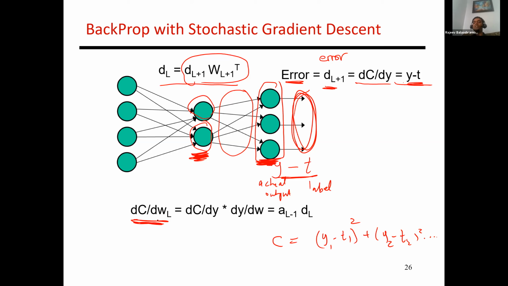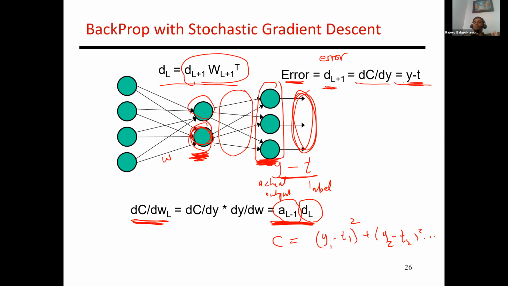You can use the chain rule over here to come up with this equation. And so if I want to figure out how this weight impacts the final cost function, I can figure that out by taking the error of that neuron and multiplying it by the activation produced by that particular neuron. So the output of that neuron multiplied by its error gives me a sense for how each weight should be adjusted.